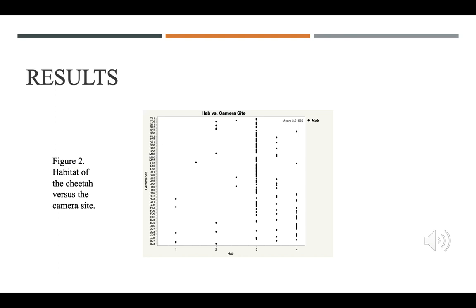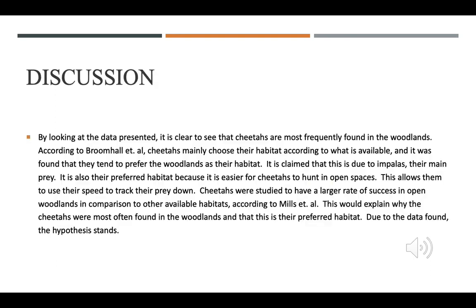So you can see 1 and 2 have very few dots, very rarely was a cheetah seen there. At 4, you start to get more. There is a significant amount more at 4 than 1 and 2, but then we look at 3. 3 is, as you can see, almost a straight line. It has so many dots.